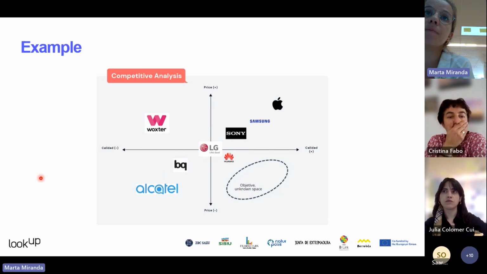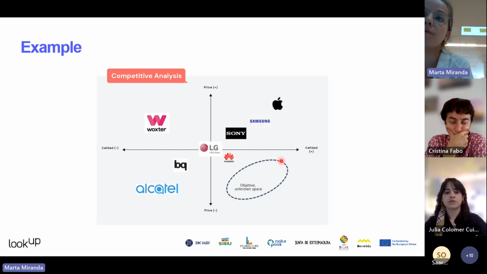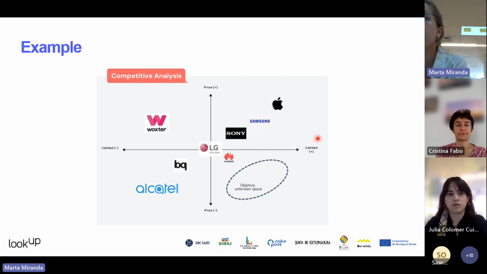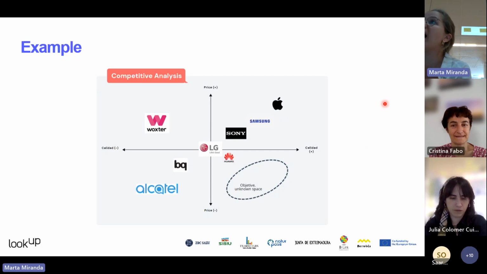What insight did our analysis give? That here we have an unknown space, and we will need to create a product that matches a high quality and a low price, no? As everything we want. But for example, we could put here as criteria sustainability and digitalization, no?